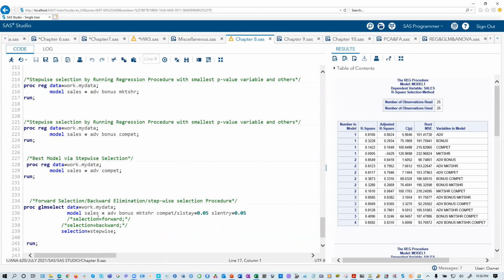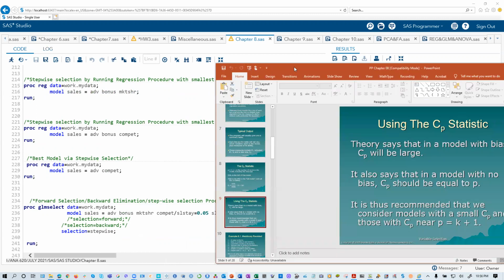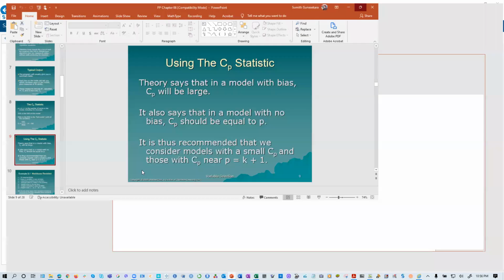Based on which procedure you're going to utilize, that's a different setup. How are you going to pick the best one? We'll go through this example again tomorrow.